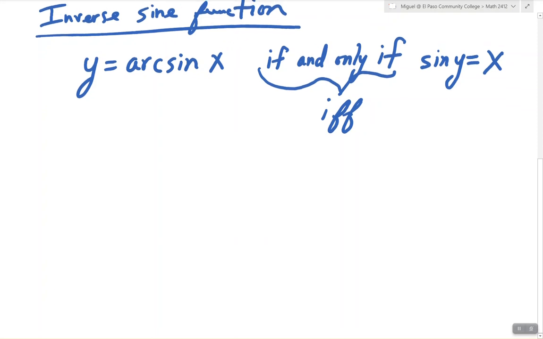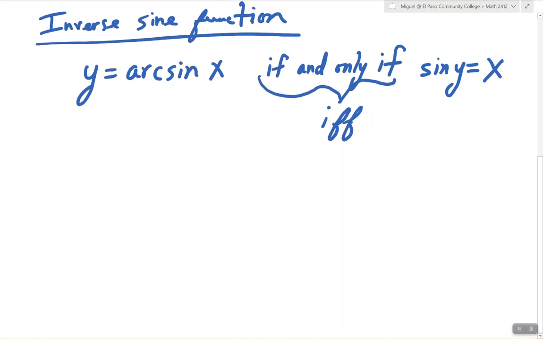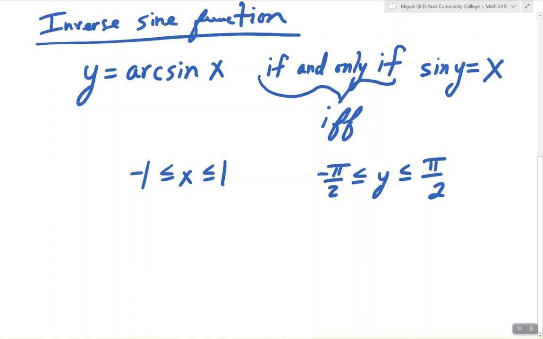And then we have some restrictions here because of the way we had to cut the graph. So x is between -1 and 1, and y is between negative pi over 2 and pi over 2.